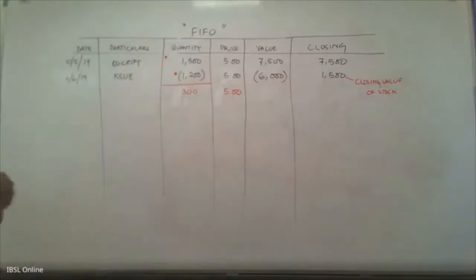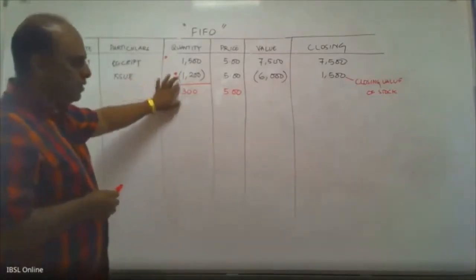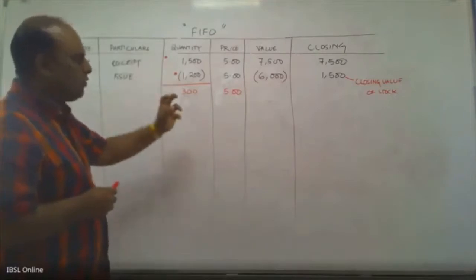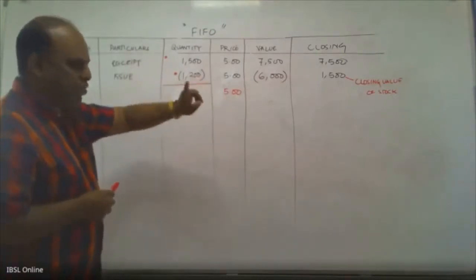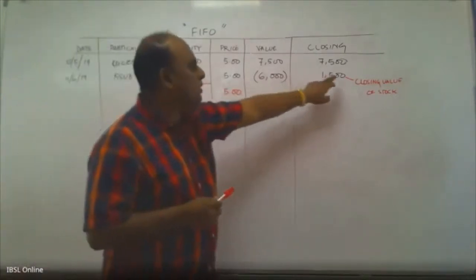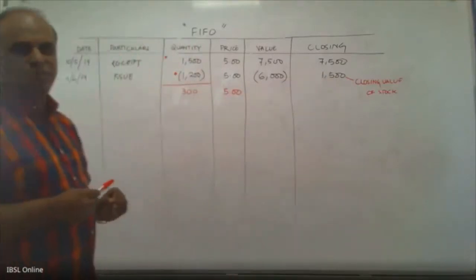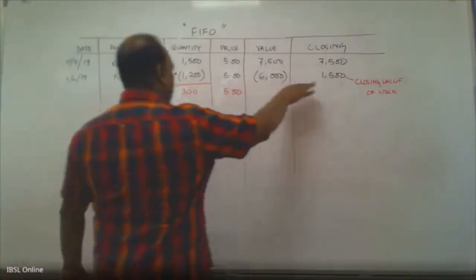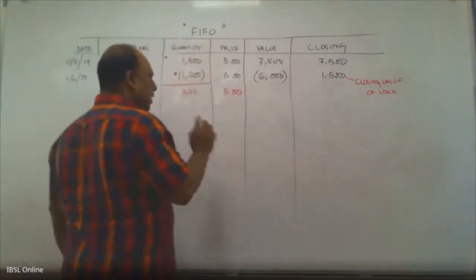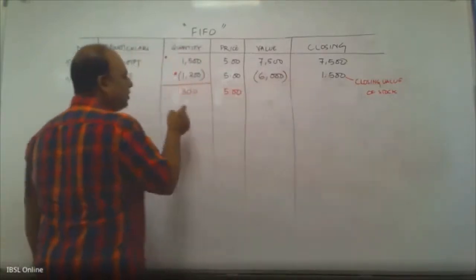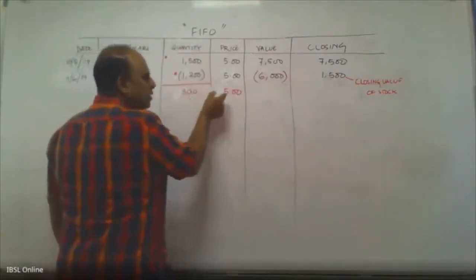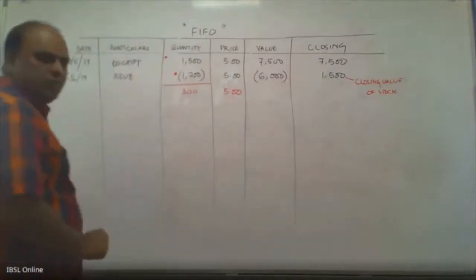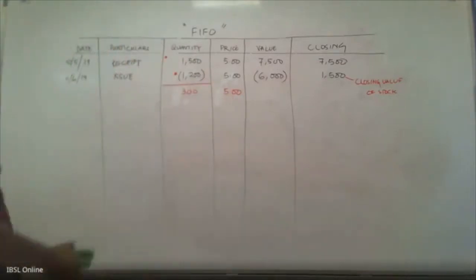My closing stock, I have 300 units and the value of that stock is 5 rupees each and the closing value is 1,500. That is how you get that 1,500. I know it is 7,500 minus 6,000. That is how you got the answer. But the derivation of that 1,500 is 300 units at the rate of 5 rupees. Okay? So that you remember.